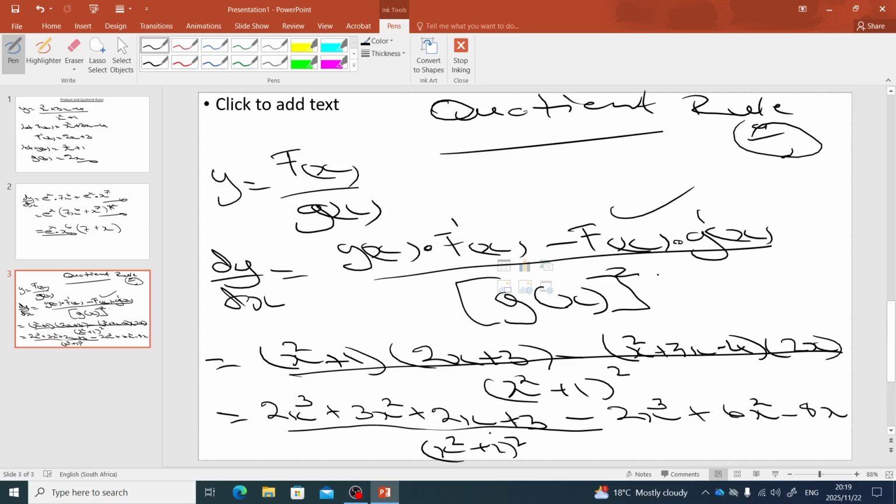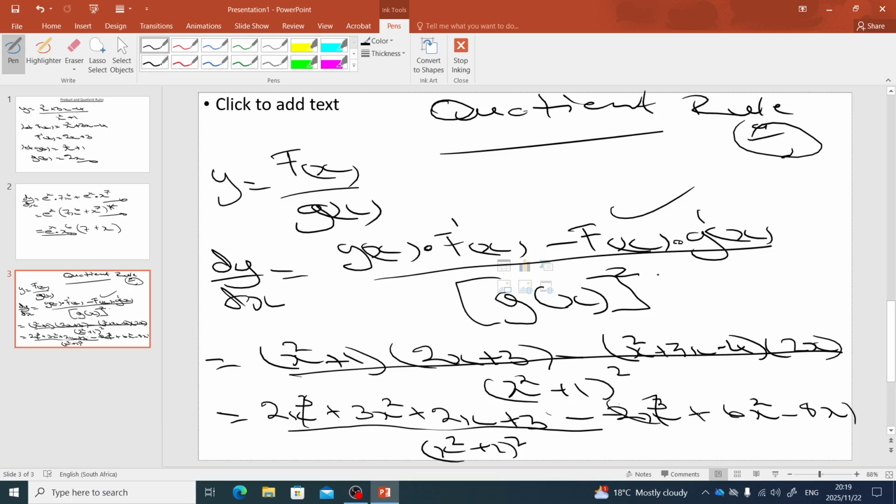Let's see if we are having any like terms here. This one and this one will cancel out. Then here, don't forget that this is a close bracket. Okay, then from here, when you multiply this with a negative, it will be minus.